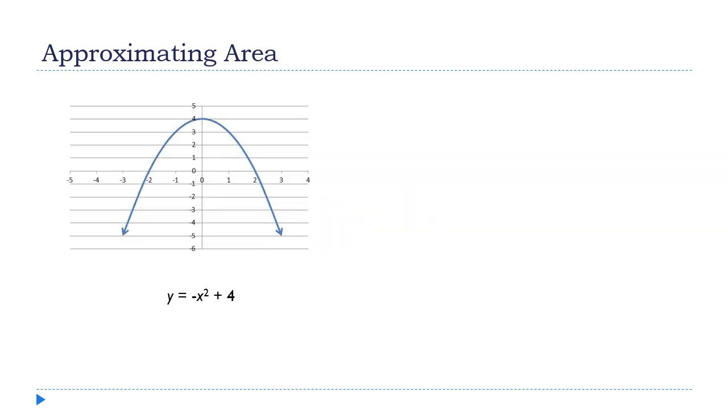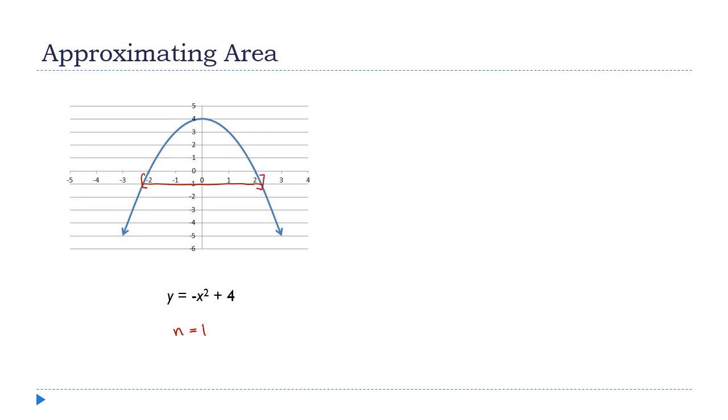I'm going to draw a rectangle, right? And I'm going to start with one rectangle, n equals 1. And the way I'm going to do this is I'm going to draw my rectangle here on the base because I'm trying to find the area between the curve and the x-axis, between -2 and +2.